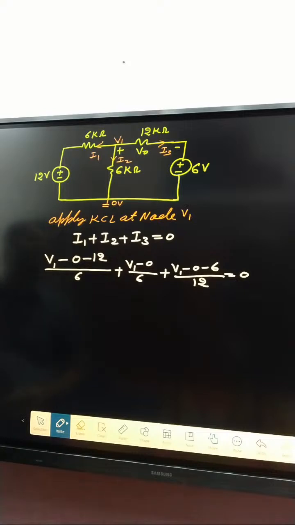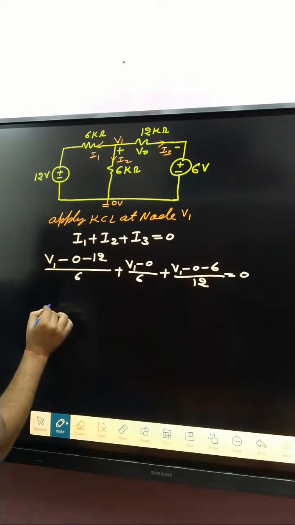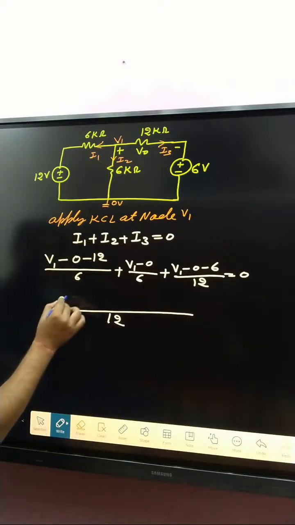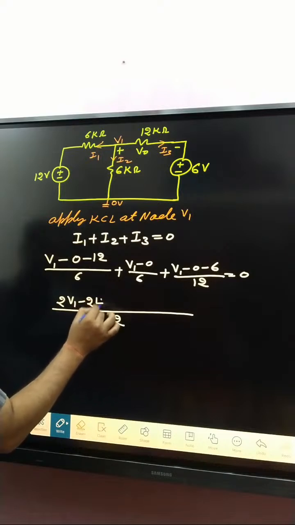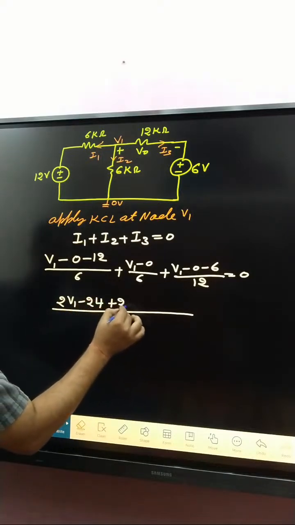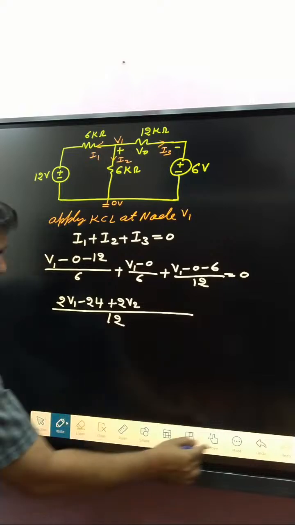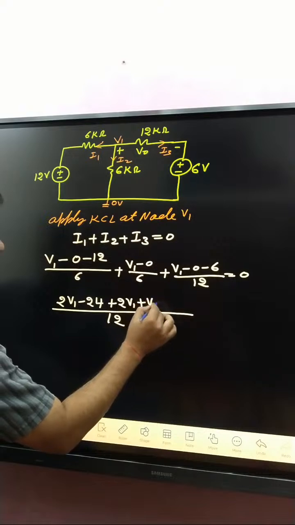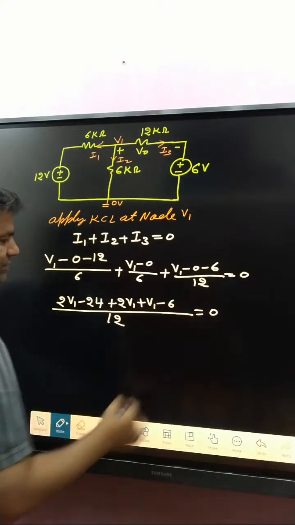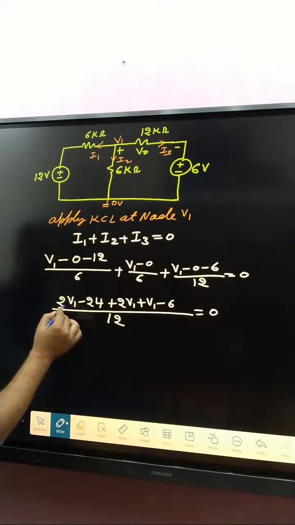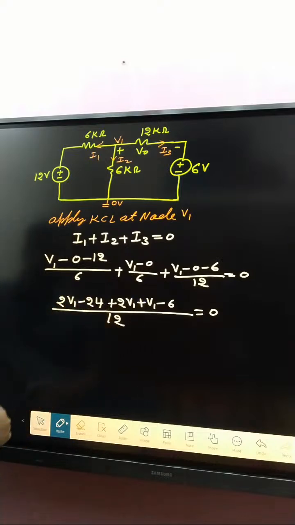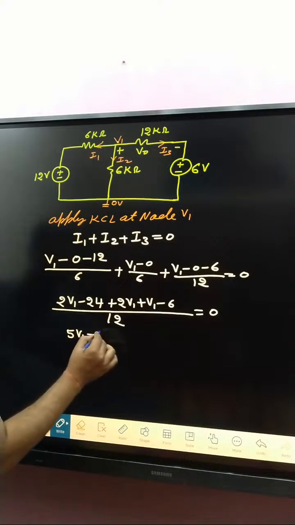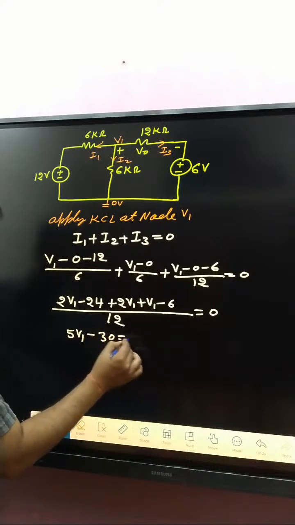After that, take the LCM, which is 12. Then we get 2 times V1 plus 24 plus 2 times V1 plus V1 minus 6 is equal to 0. So 2V1 plus 2V1 plus V1, that is 5V1, 5V1 minus 30 is equal to 0.